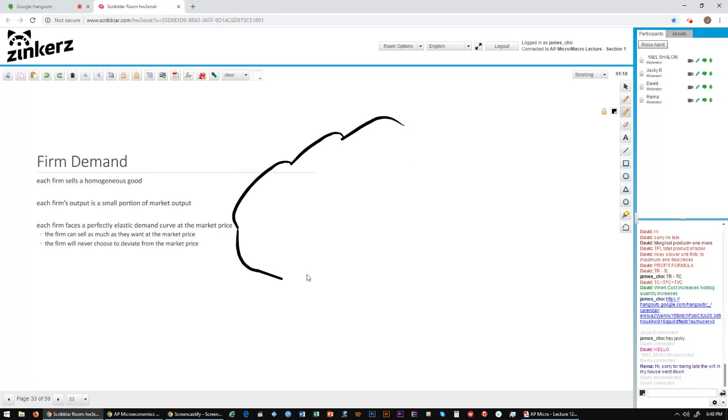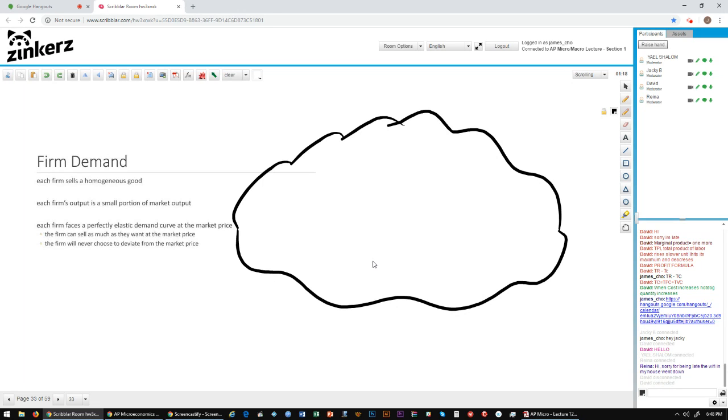But here's the thing. If this is the overall industry, if these are all the carrot producers, then there's one small little firm. There's Bob's Farm. And what you're going to realize is Bob's Farm's quantity of carrots is nothing compared to the overall market, because there's so many companies selling exactly the same carrot.